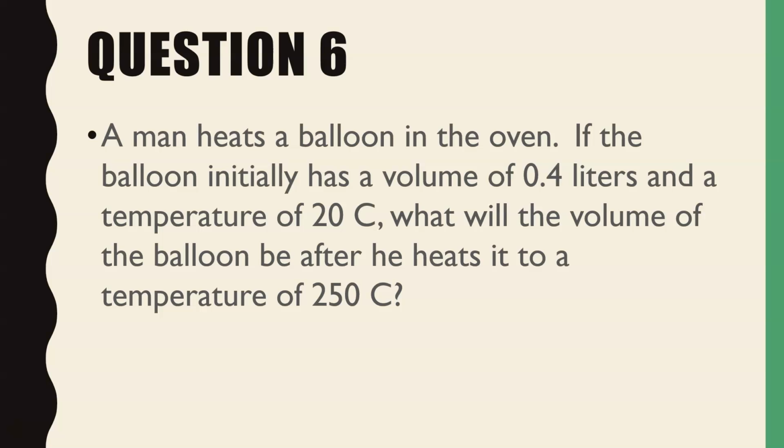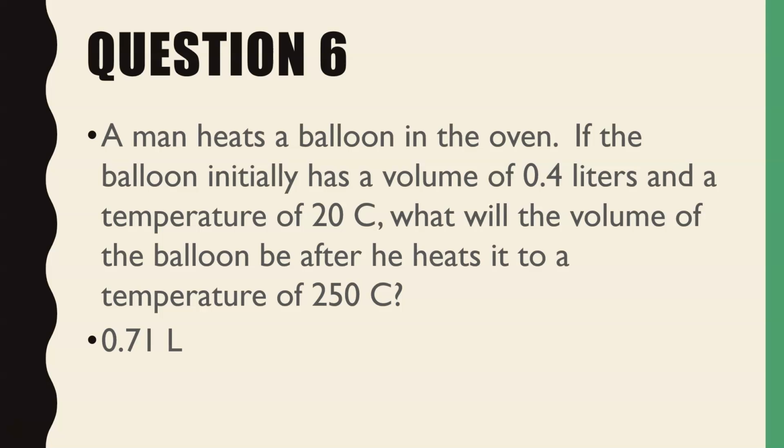Question 6 tells us a man heats a balloon in the oven. If the balloon initially has a volume of 0.4 liters and a temperature of 20 degrees Celsius, what will the volume of the balloon be after he heats it to a temperature of 250 Celsius? Did you get the right answer? You did if you got 0.71 liters.